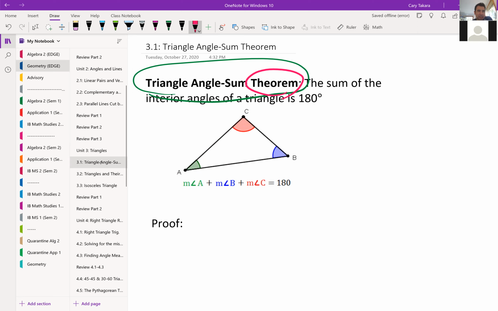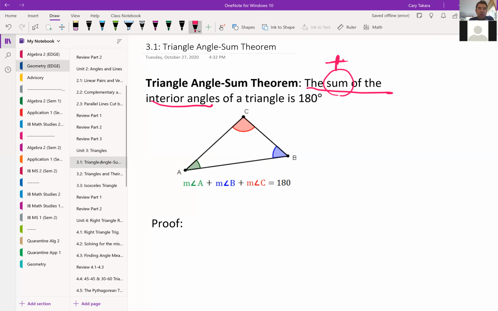And somebody named it triangle angle sum theorem. It's about angle measurements. And that sum means addition, right? The addition, the sum of all the interior angles of a triangle is 180.